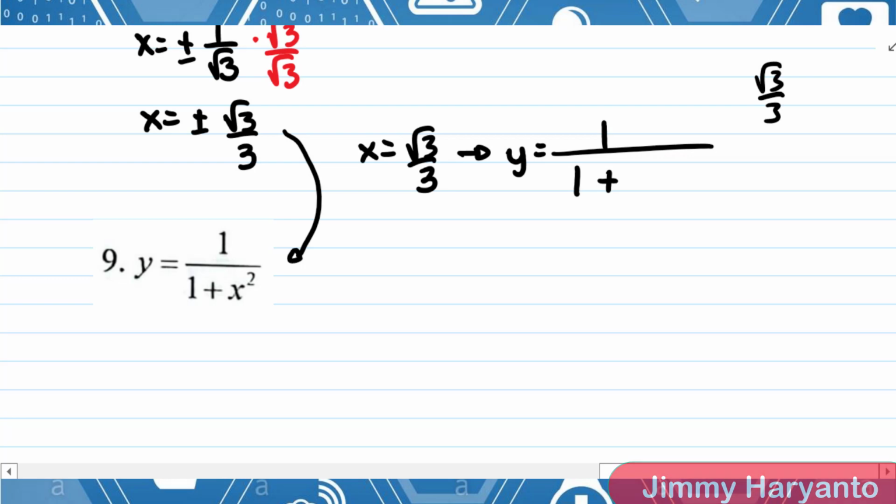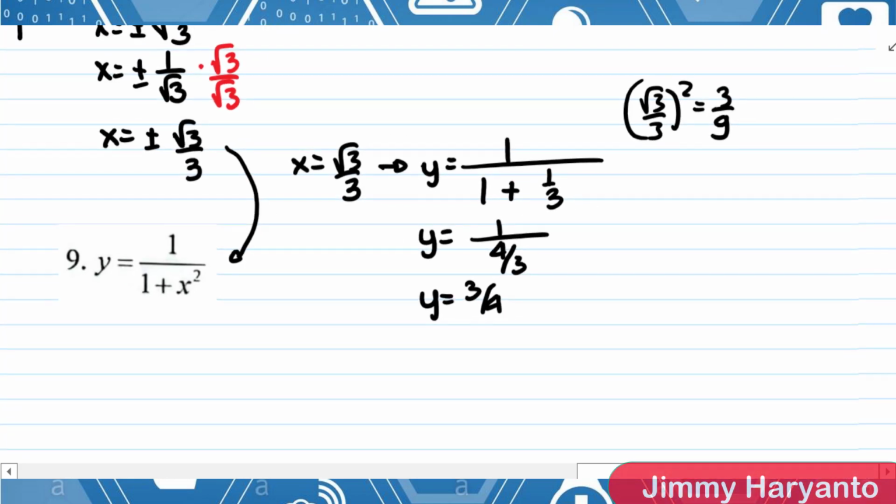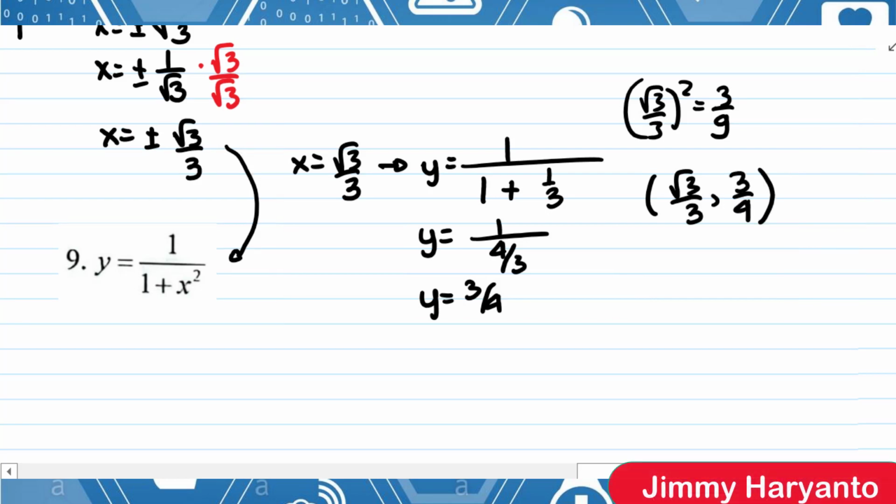Square root of 3 over 3 squared will be 3 over 9, 1 over 3. When you simplify it, you will have 1 over 4 over 3, y equals 3 over 4. And that is the first point: square root of 3 over 3, comma 3 over 4.